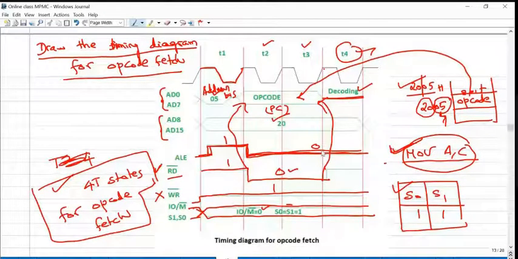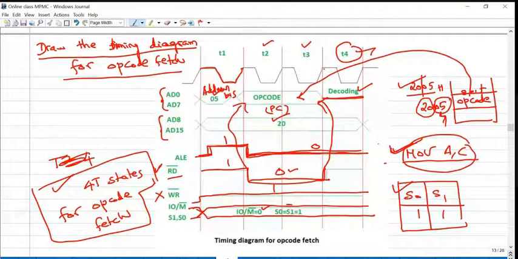Okay, for opcode fetch, between T2 and T3, the read bar signal must be 0 for a minimum of 2 T states. Then the read operation will be enabled. That is, the opcode from the memory is read by the processor. And the T4 state is utilized for decoding the opcode.